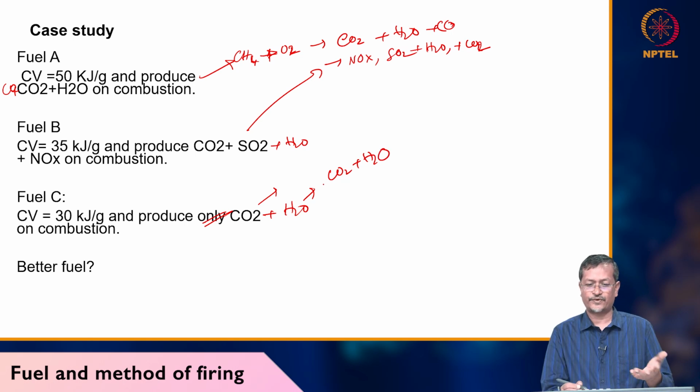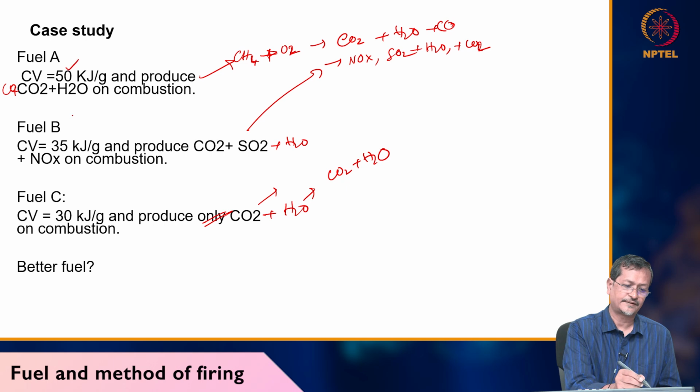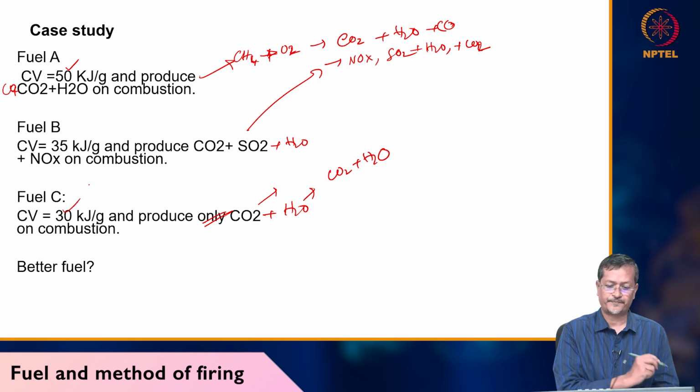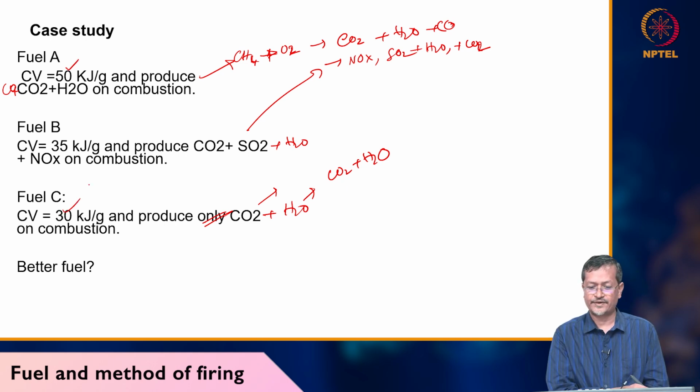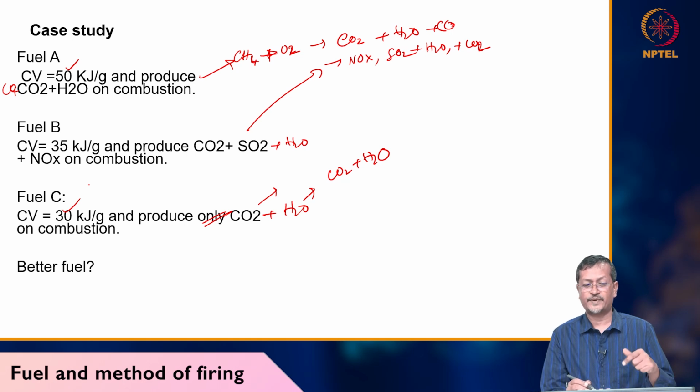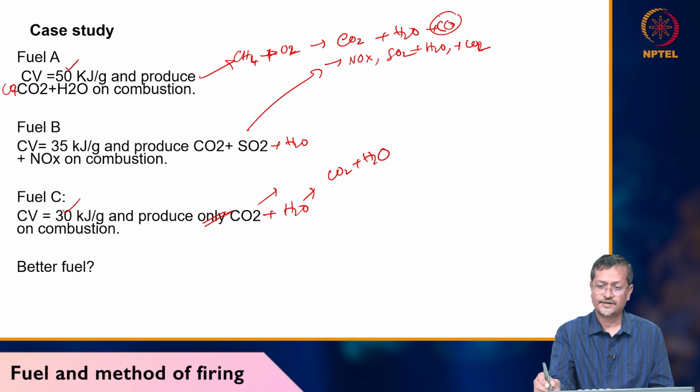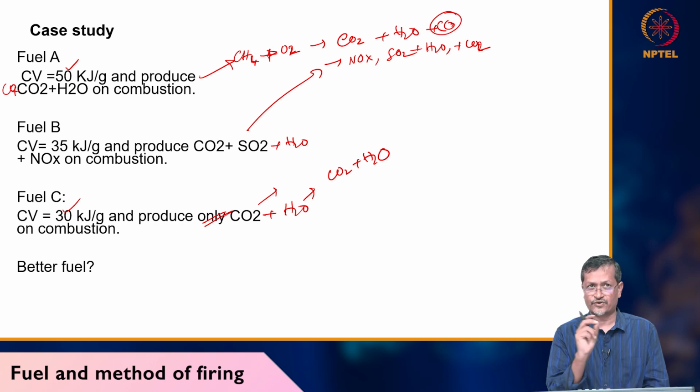Okay, so which fuel can be better? Now you can see the calorific value is higher for A, lowest in C, but C is giving me carbon dioxide and water. So if you ask me to choose which is better, I'll take fuel C, because it is not giving me any harmful gases. Fuel A is producing carbon monoxide, which is harmful. Carbon dioxide is not harmful actually.